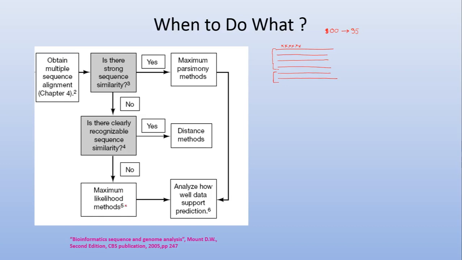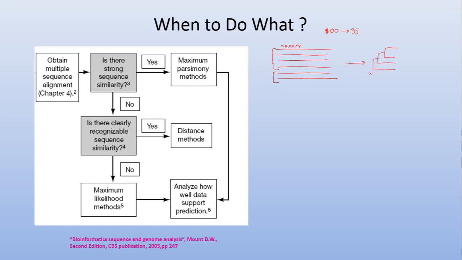So whatever method you use for tree reconstruction, maximum parsimony, distance based methods, or maximum likelihood, based on the sequence conservation observed in your multiple sequence alignment, at the end you would be able to generate a tree using either the distance based method or the character based method.